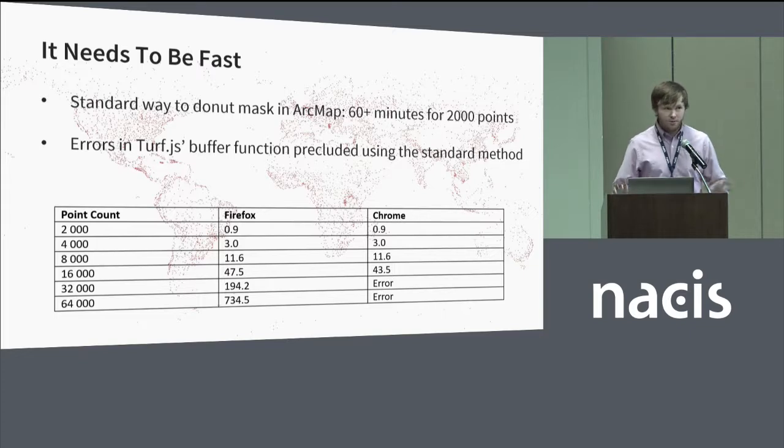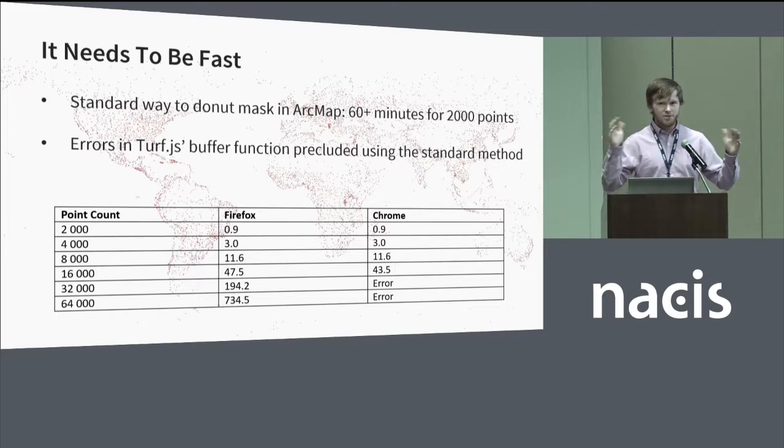So the standard way to do donut masking in ArcGIS, or anywhere really, is to create buffers and do symmetrical difference operations on those buffers. And when I did this in Model Builder, it took 77 minutes to do 2,000 points. That's not great. I'm sure I could optimize that, but even 10x, we're still not looking very good. Fortunately, turf.js was broken for a while.